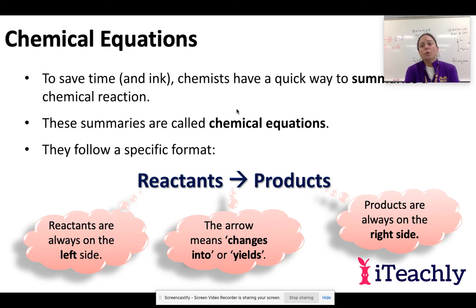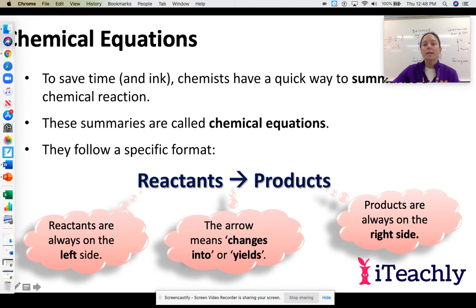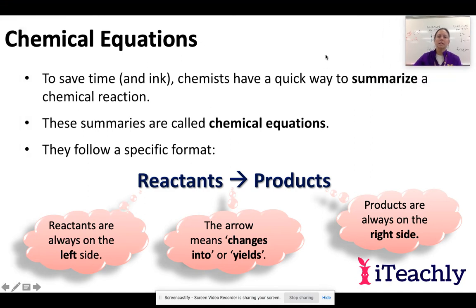In order to save time, and because it's easier, we write this as a chemical formula, which is just a summary or a description of what's happening on a molecular level. When we write this, the left side is your reactants, and then we use this arrow, which means yields, and the right side is the products.